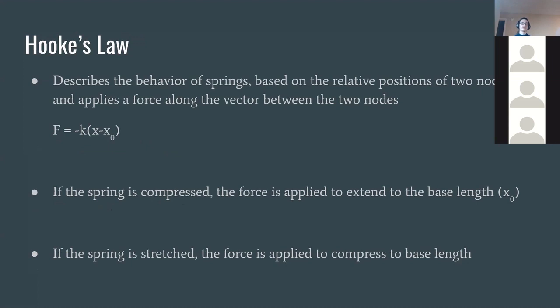And so as the length of that edge varies with respect to that base length, a compressed edge is going to apply a force to extend back to the base length. So it's going to try to extend. And correspondingly, if it's stretched, it's going to try to compress back to the base length.